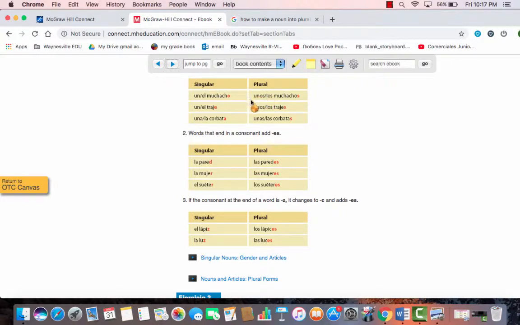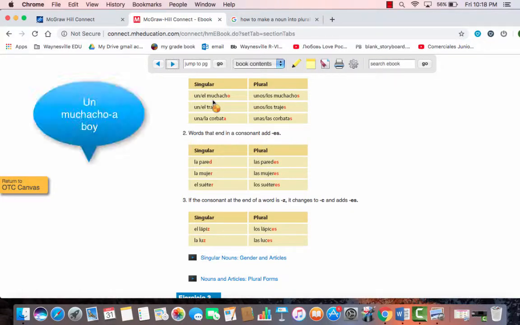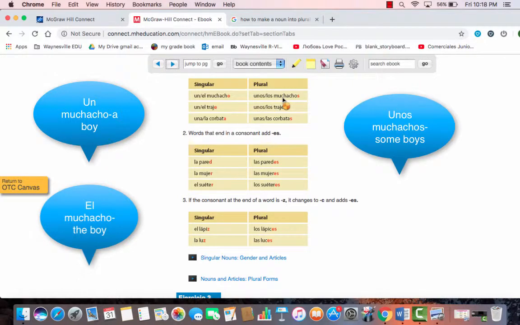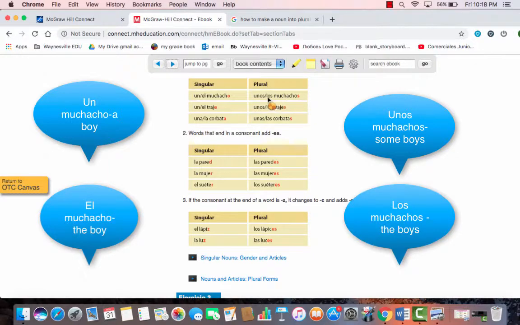On the other hand, the articles here are plural because the noun is plural. So what does this mean? Un muchacho, if I only had un muchacho, I would be saying a boy. If I say el muchacho, I would be saying the boy. Unos muchachos will translate to some boys, and los muchachos will translate to the boys.